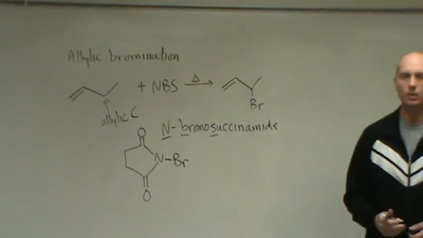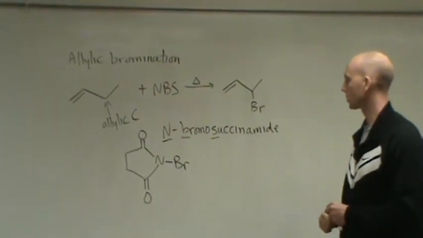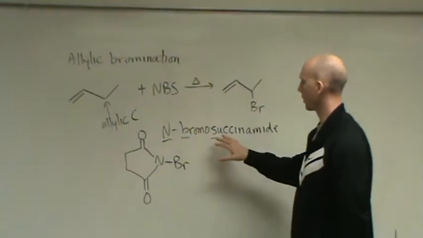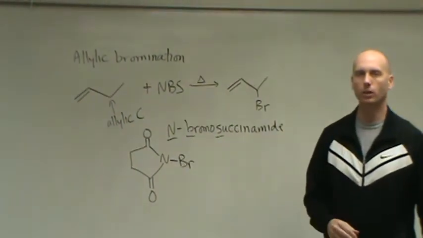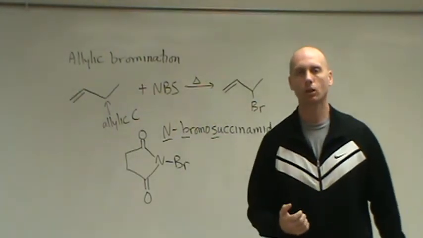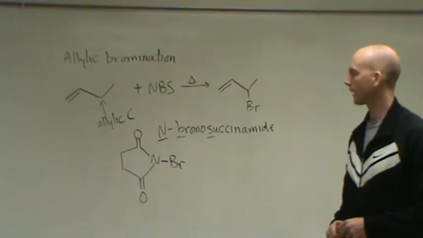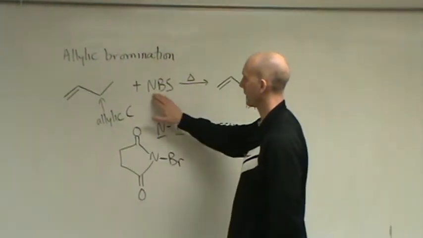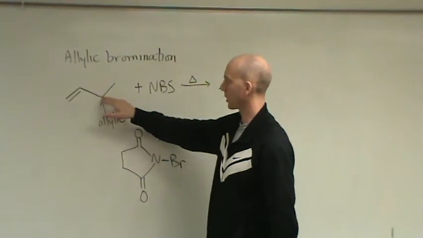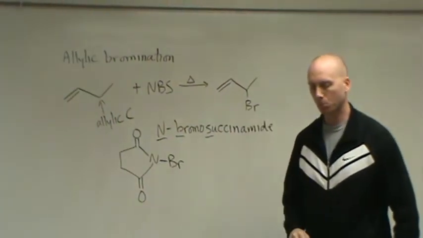So just the acronym is a lot easier to say than N-bromosuccinimide, but you want to know the name and the structure that's associated with it. We'll be using NBS later on in another chapter to look at another type of allylic bromination. Okay? But for now, just remember, this adds a bromine to the carbon adjacent to any double bond.